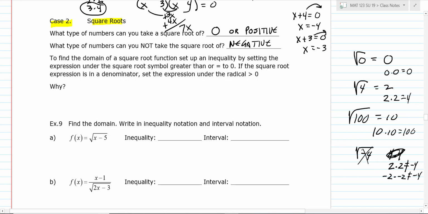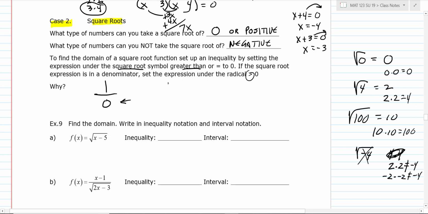So if you're going to find the domain of a square root function, you set the expression under the square root symbol greater than or equal to 0. But if it's in the denominator, then you have to set it greater than 0. The reason is basically this. Remember, you can't have a 0 denominator.